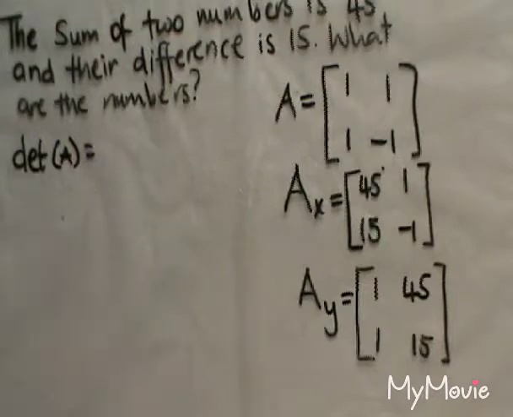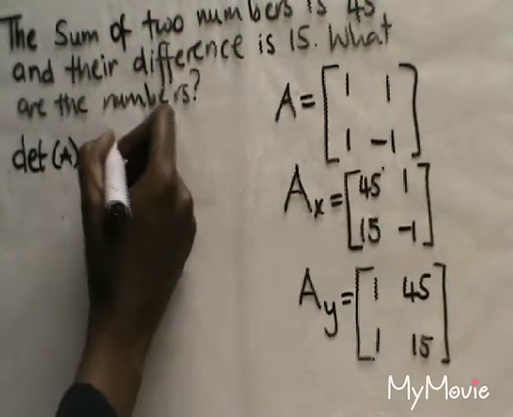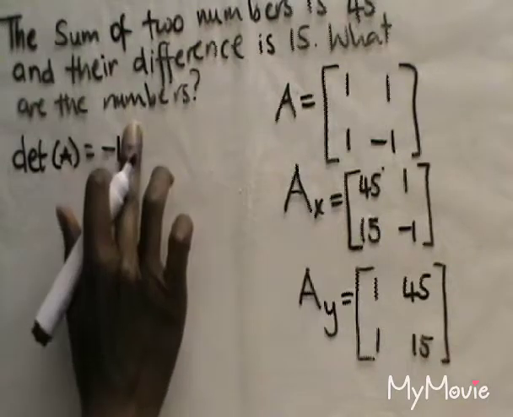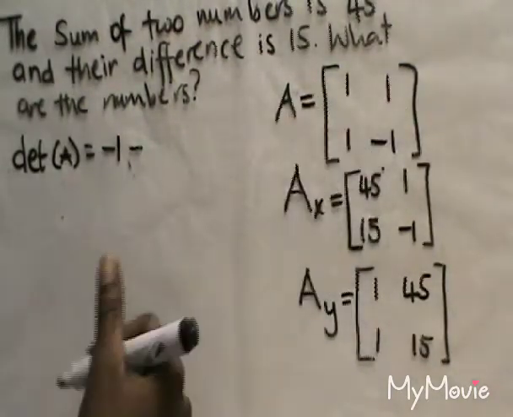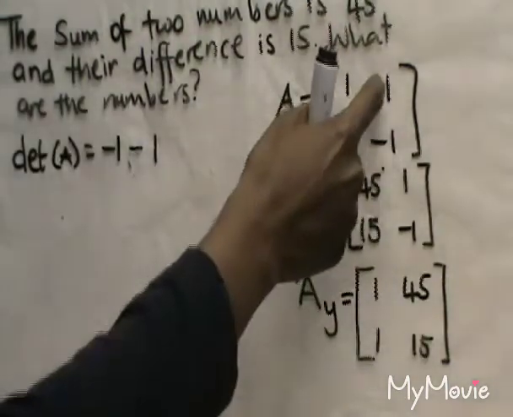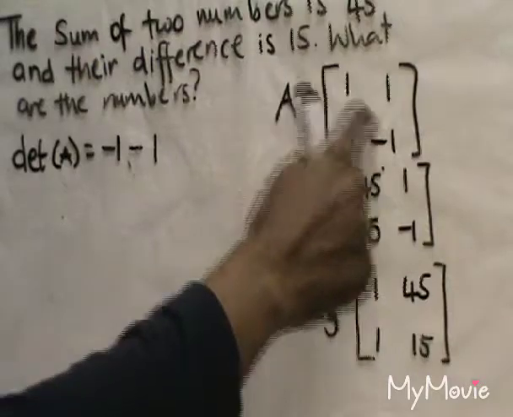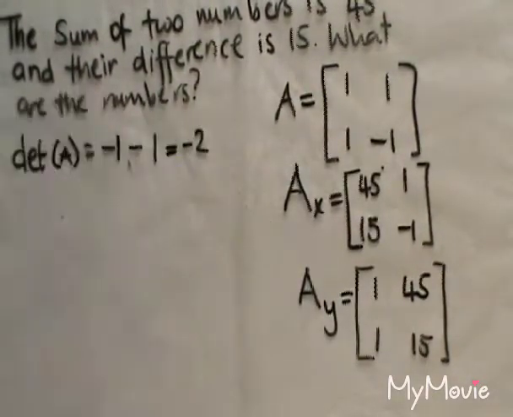Okay, so we would say this is 1 times minus 1, which is minus 1, and then we subtract instead of add. So we subtract the product over there, which is 1, because it's 1 times 1, which is 1. So I have minus 1 minus 1, and this gives me minus 2.